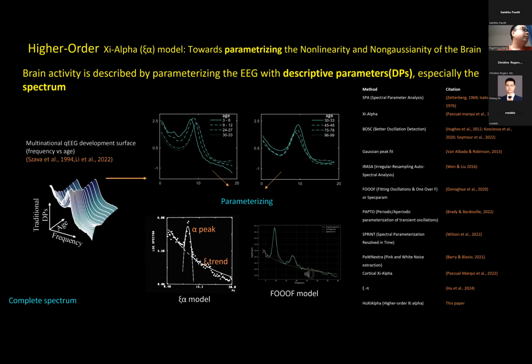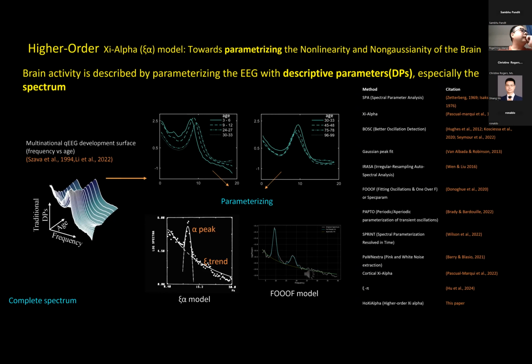You know that we have released a multinational QEEG development service, which is fitted by a suite of non-parametric functions. However, these non-parametric functions are very hard to do statistics with, and it's hard to get the biophysical meaning.